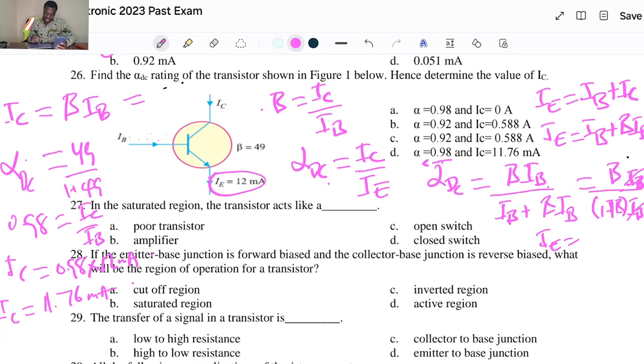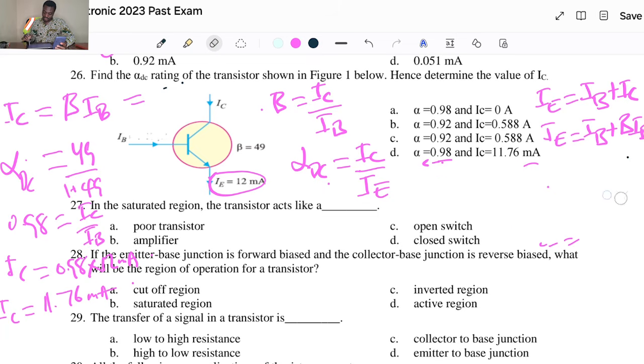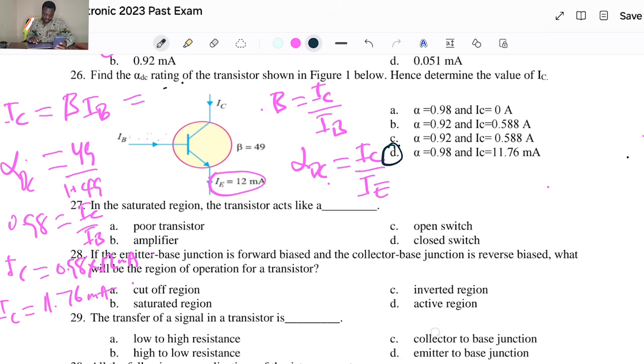You can see the answer becomes D. Our answer for this is going to be D.